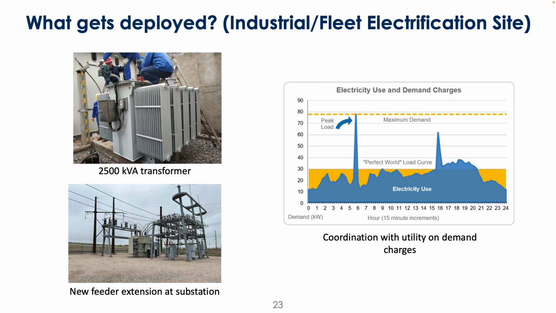And so when you make these large enough requests, you may be assessed these things known as demand charges. A demand charge is one of the ways that the utility is going to recoup the costs of deploying some of this type of infrastructure.